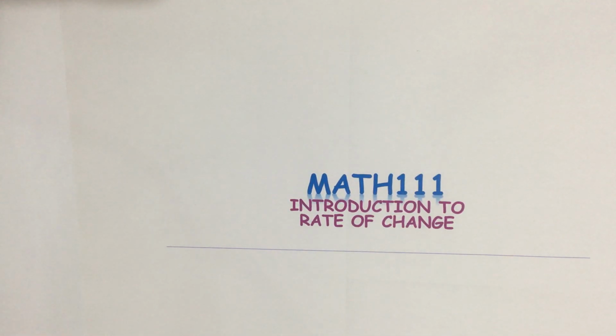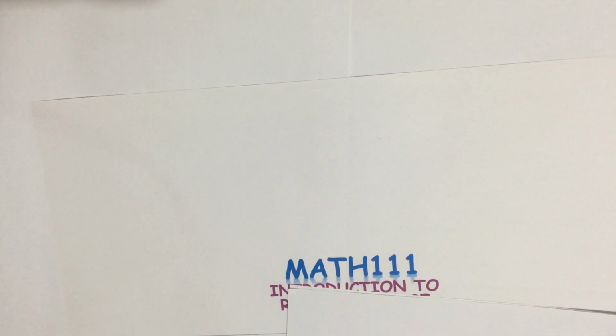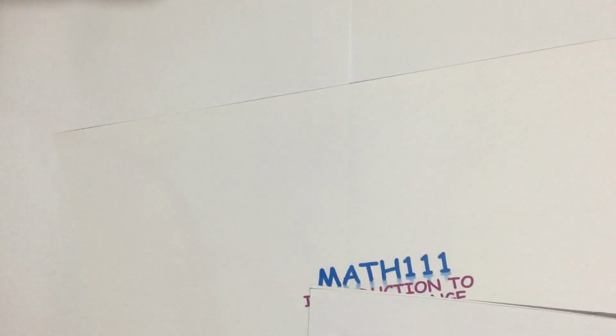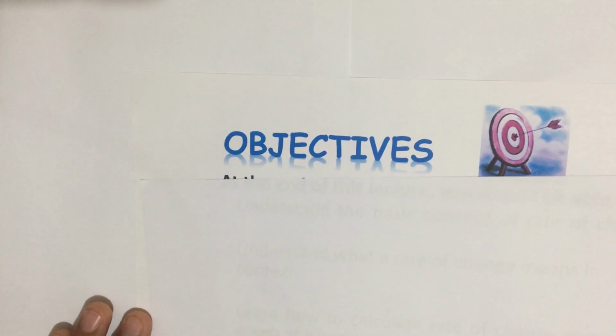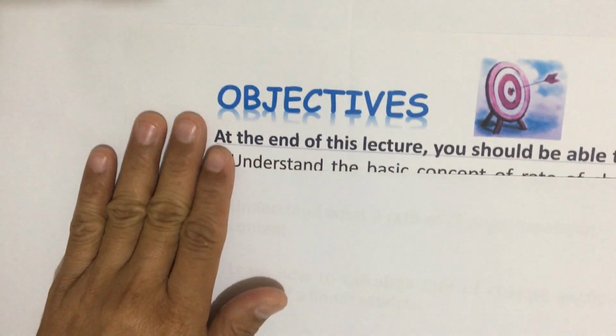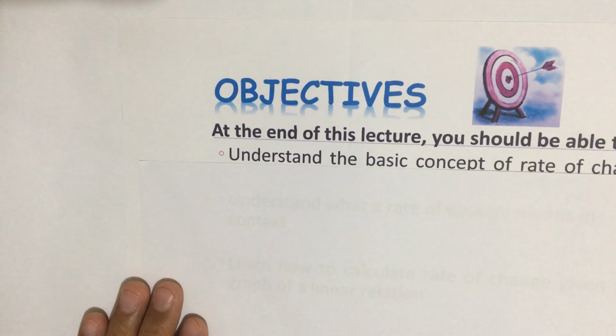Okay, so for today, before we begin, let us start with the objectives of this session for today. The first one is to understand the basic concept of rate of change.